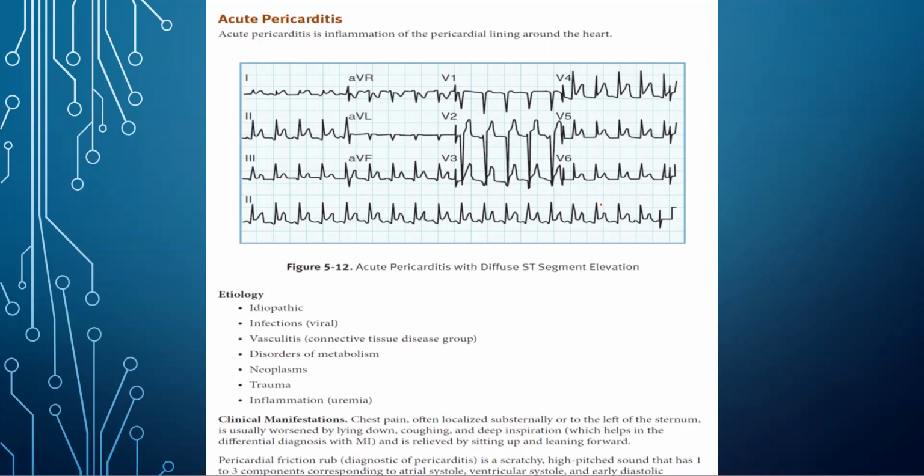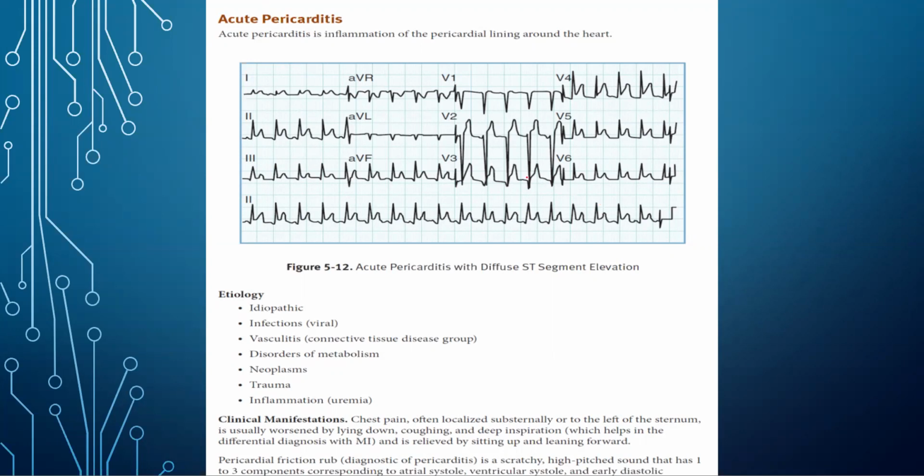The patient presents with left-sided chest pain, which usually gets worse with lying down, sometimes coughing or deep breathing, and gets relieved by leaning forward or sitting up. There can be a recent viral flu-like illness, which is the most common cause of acute pericarditis. When you auscultate the heart, you can get a pericardial friction rub.